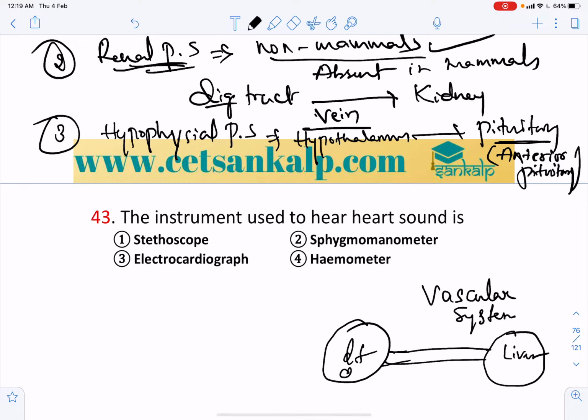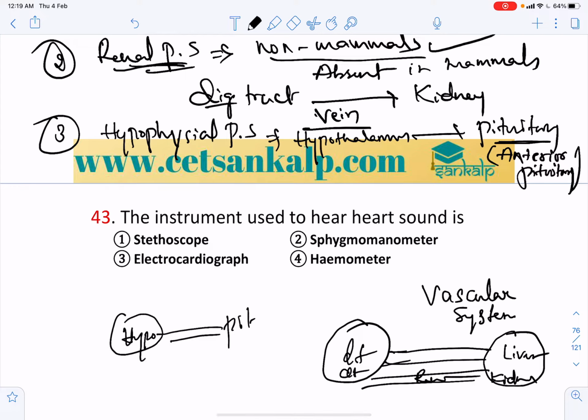Similarly, the digestive tract with the kidney is the renal portal system, and the hypothalamus to the pituitary is the hypophyseal portal system. So let us take some questions related to this.